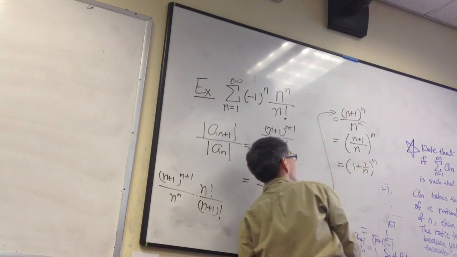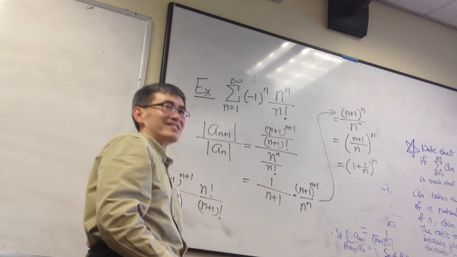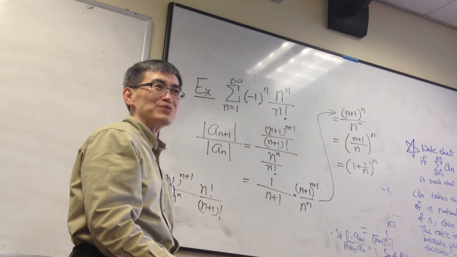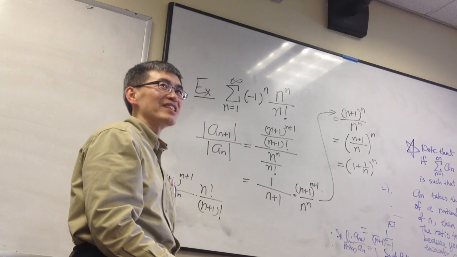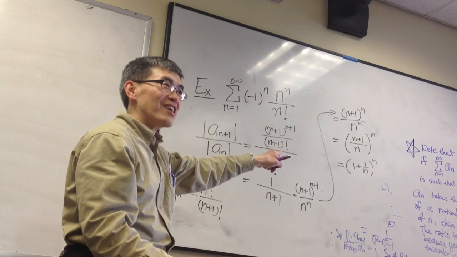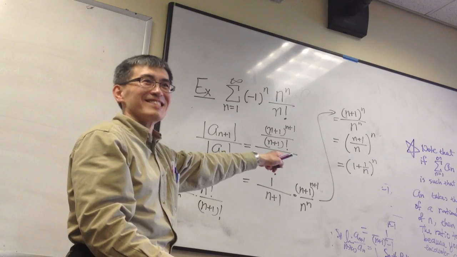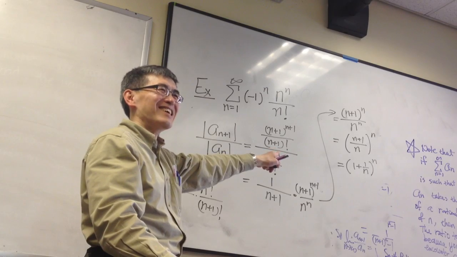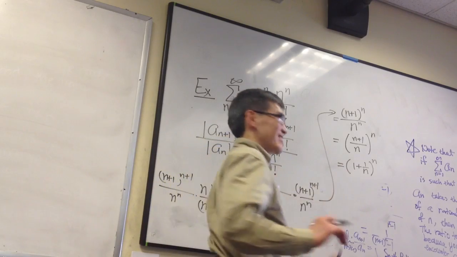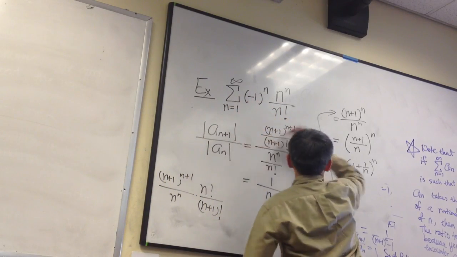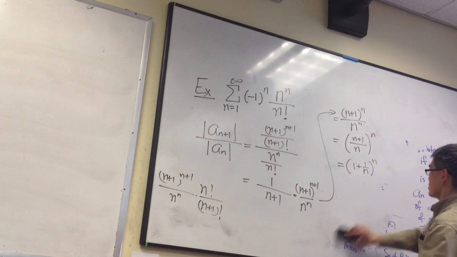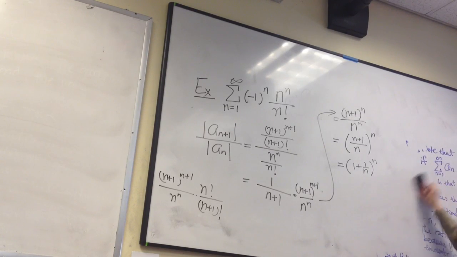Does that ring a bell? What is that convergent to? Anyone? Have you seen this before? This has to do with money. So I just calculate this, and now I'm ready to take the limits.